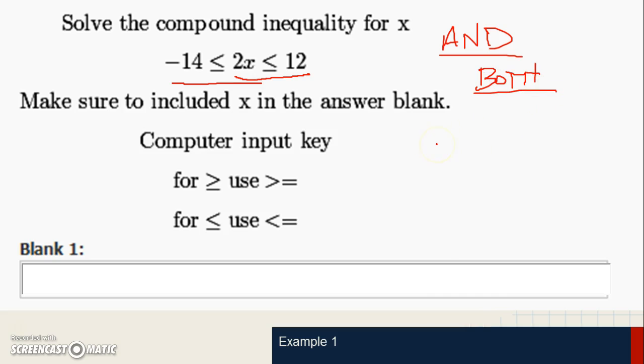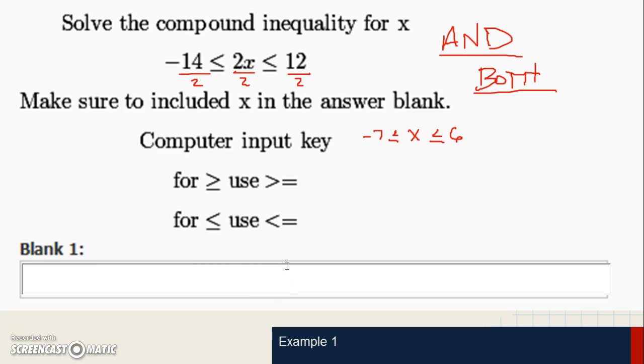So we're going to solve exactly the same way we did in the past. Let me get rid of these lines. If I want to solve this, I divide by 2. Notice I've done it to each term in the inequality. And I end up with -7 is less than or equal to x is less than or equal to 6.